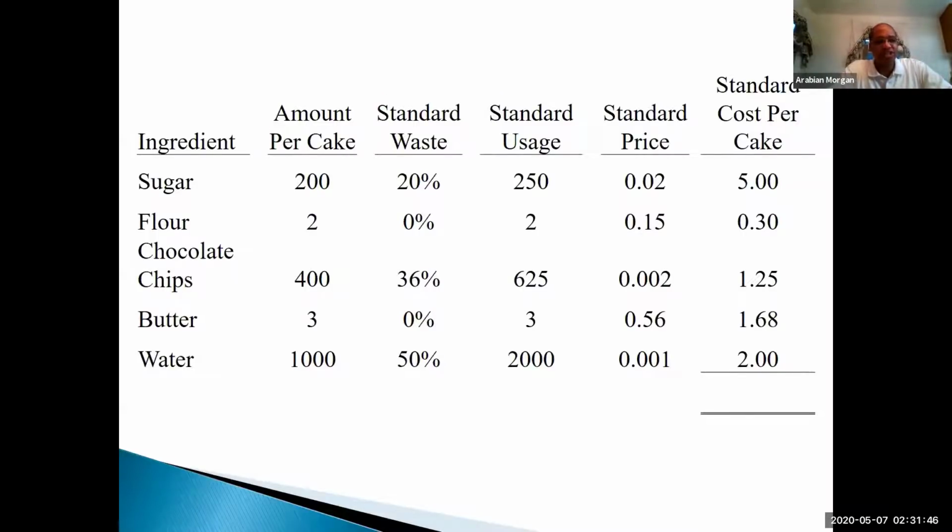So in the case of the sugar, your denominator is 1 minus 20%, or you could write 1 minus 0.20. Either way is fine. For the chocolate chips, the denominator is 1 minus 0.36, or 1 minus 36%. And for the water, you would write 1 minus 0.50, or 1 minus 50%. That is the formula for all 3 of those.